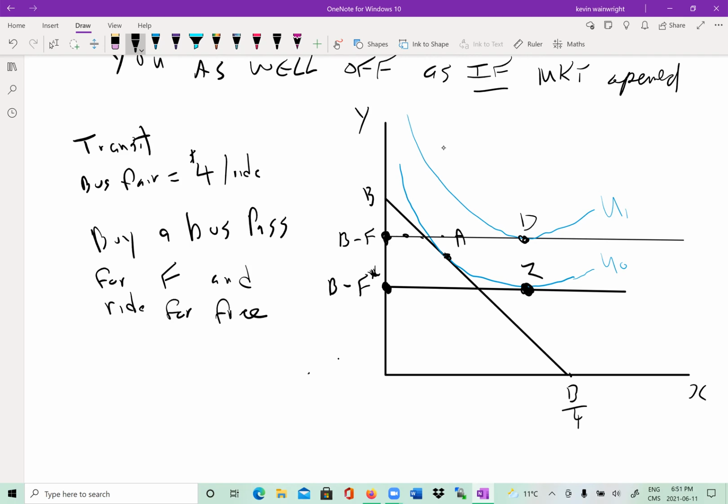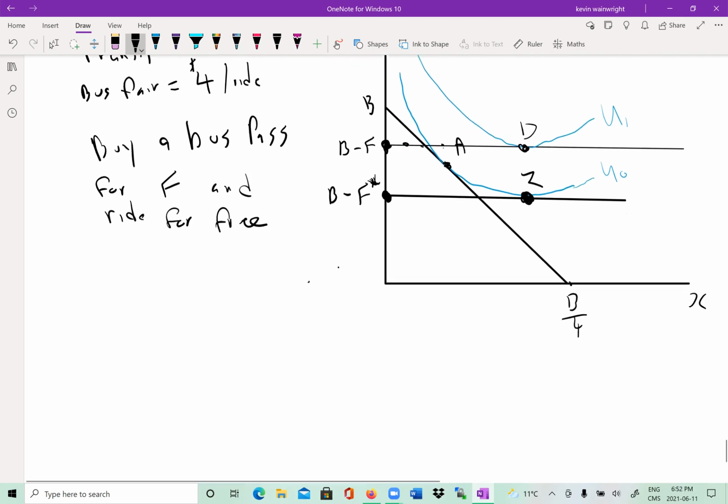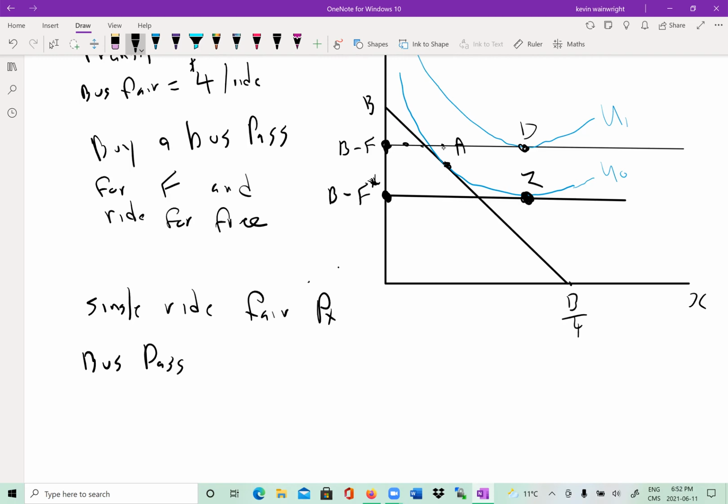So the price of a single ride fare is PX. The bus pass is known as a two-part tariff.